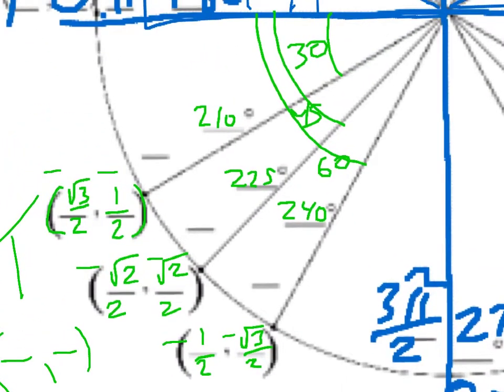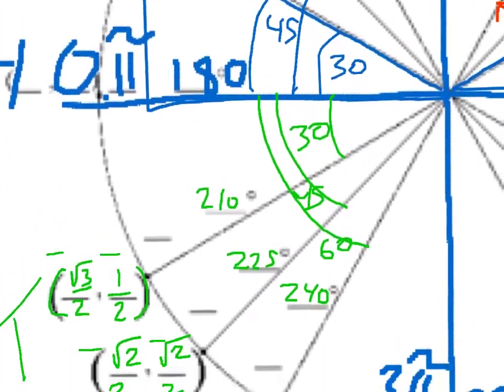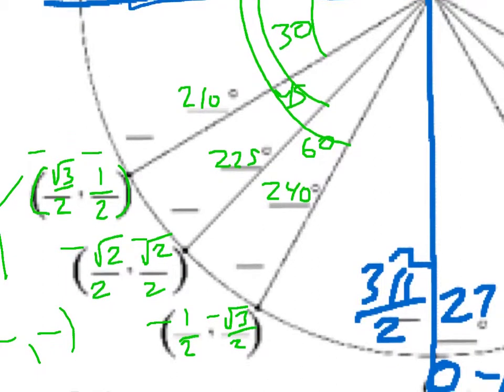Alright, now if we're following around that circle, remember 180 was 6 pi over 6. So this right here is going to be 7 pi over 6. And this right here is going to be 8 pi over 6, or 4 pi over 3. And remember, it was 4 pi over 4 at 180, so this is 5 pi over 4 as it goes around the circle.